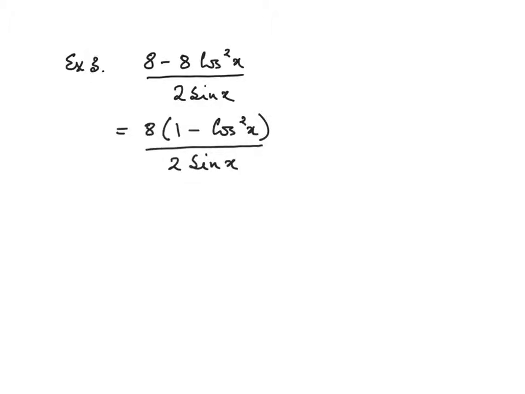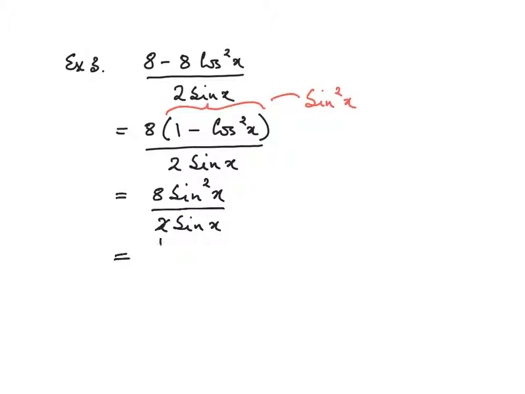Now, if we go back to slide 1, 1 minus cos squared x, which is to say this here, that can be replaced with sin squared x. So the top line becomes 8 sin squared x over 2 sin x.